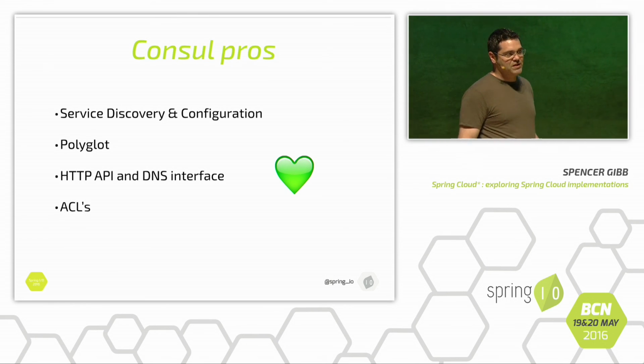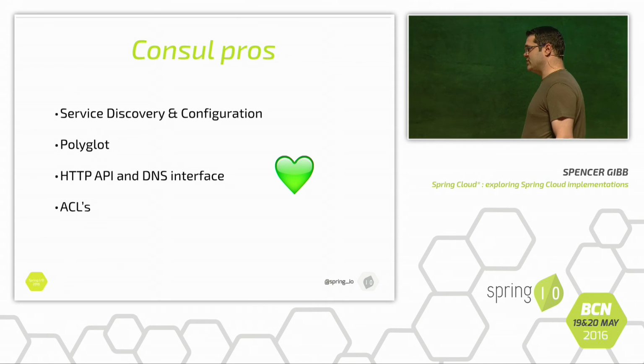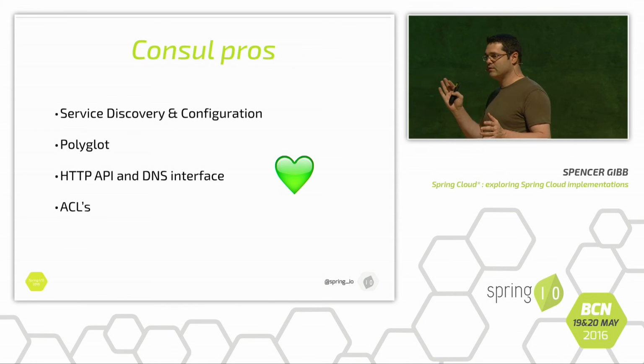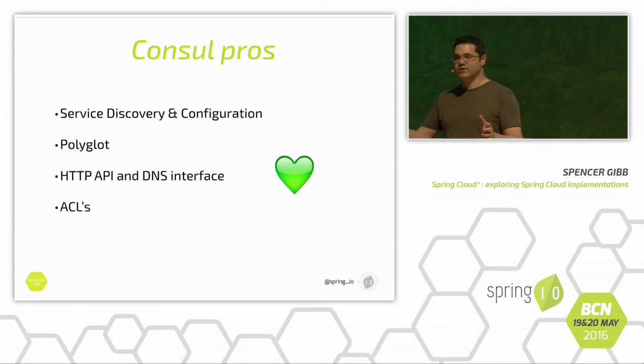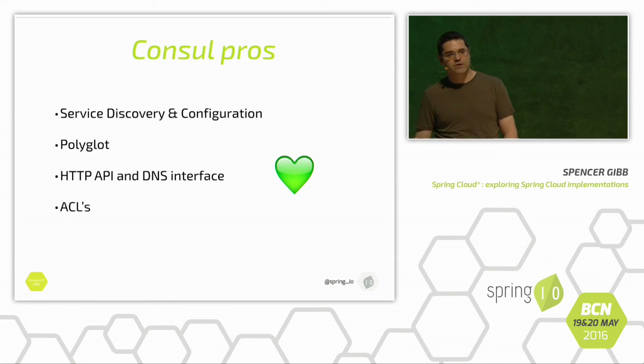Another thing that is built into Consul is security. They have a fairly flexible ACL system that allows you to partition and have permissions on what applications can only see their configuration. They can't see another application's configuration, for example.